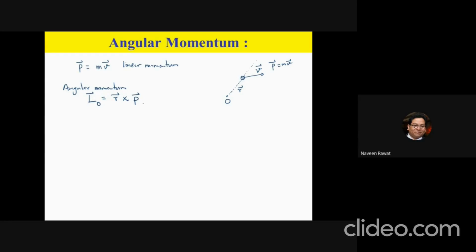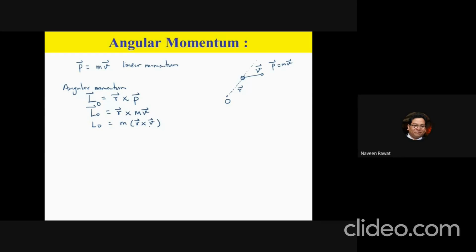This cross product we can also write as r cross m times v. Again we know that m is constant, so it can come out, and you can write this as m times r cross v. Remember, for the cross product you cannot interchange r cross v with v cross r.